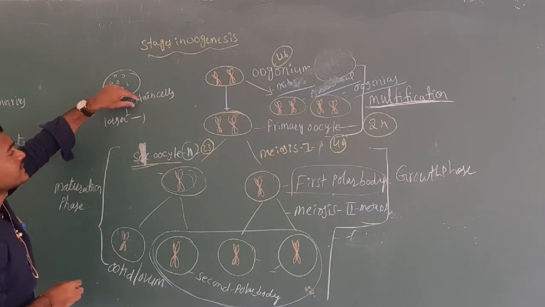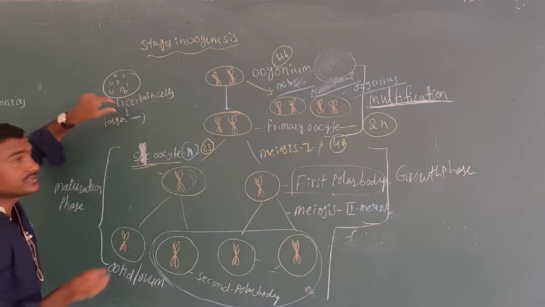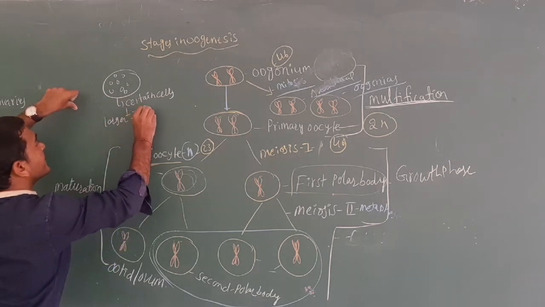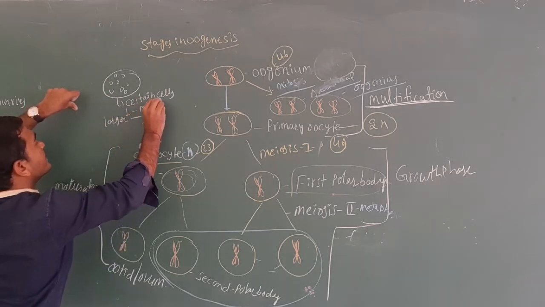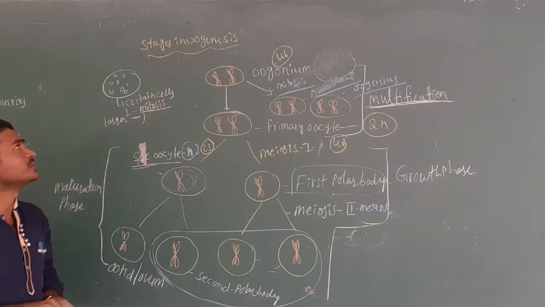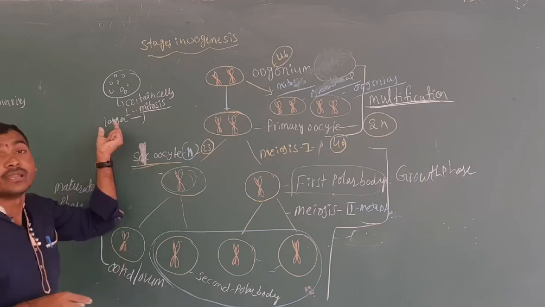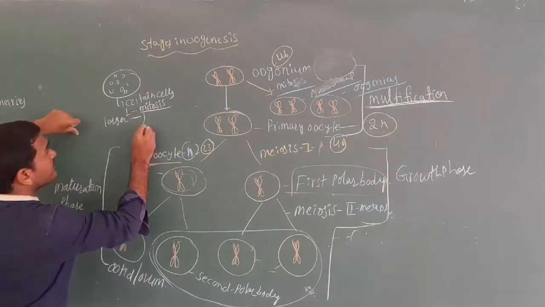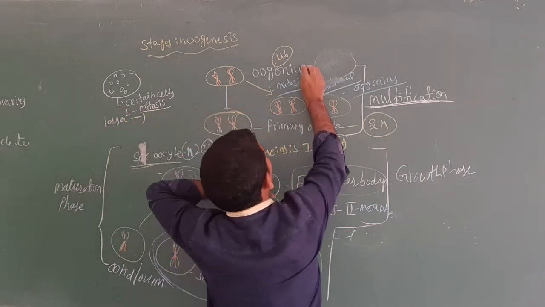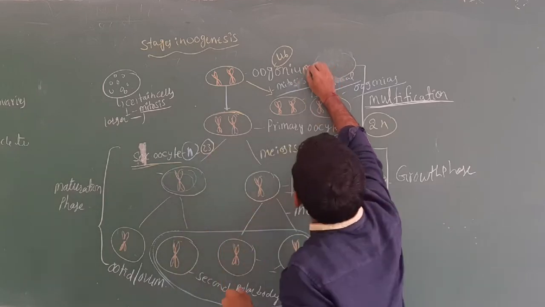Why do certain cells become larger? Because they are involved in mitosis. These certain cells involved in mitosis become larger, and this larger one is called the oogonium.